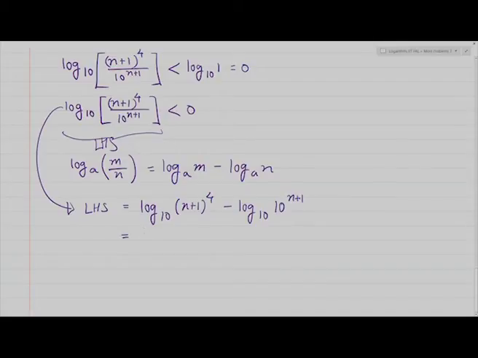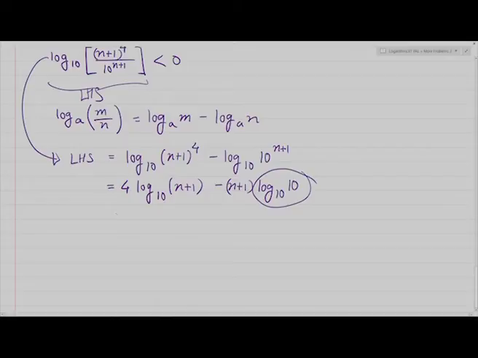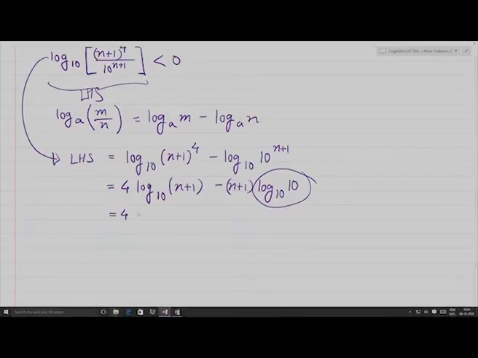which is equivalent to saying 4 times log to the base 10 of (n plus 1) minus (n plus 1) times log to the base 10 of 10. You know something about this term: it is equal to 1. So I will use that, and I will use one more trick.